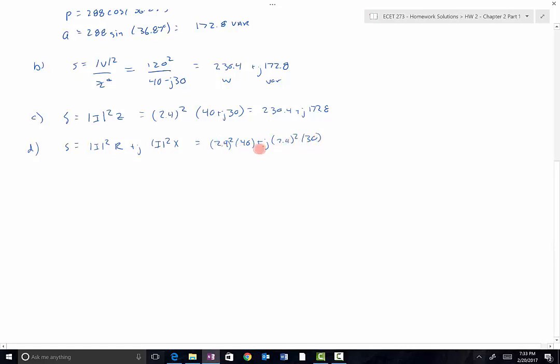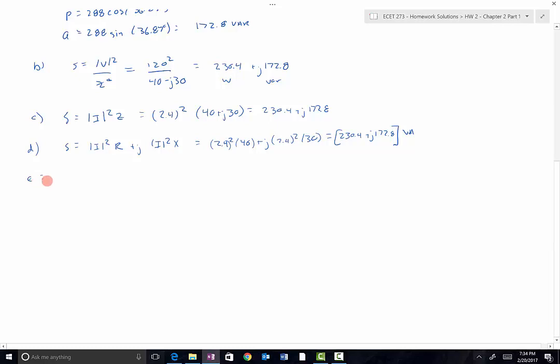You can see that this formulation is exactly the same as this. It's just that the 2.4 has been distributed out, so it's no different there. And we get 230.4 plus j172.8. And it's okay to write your power like that, just that whole unit is volt-amps.